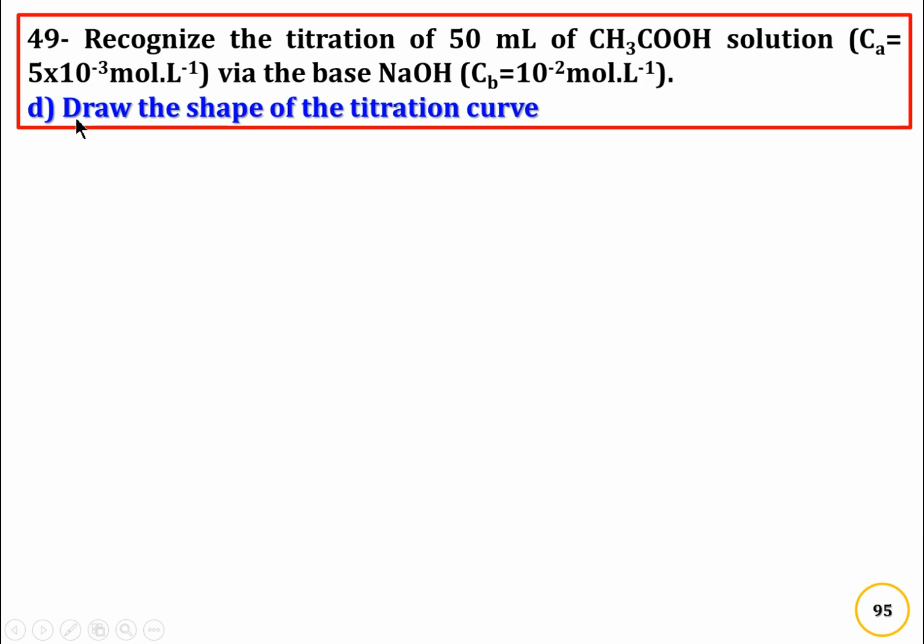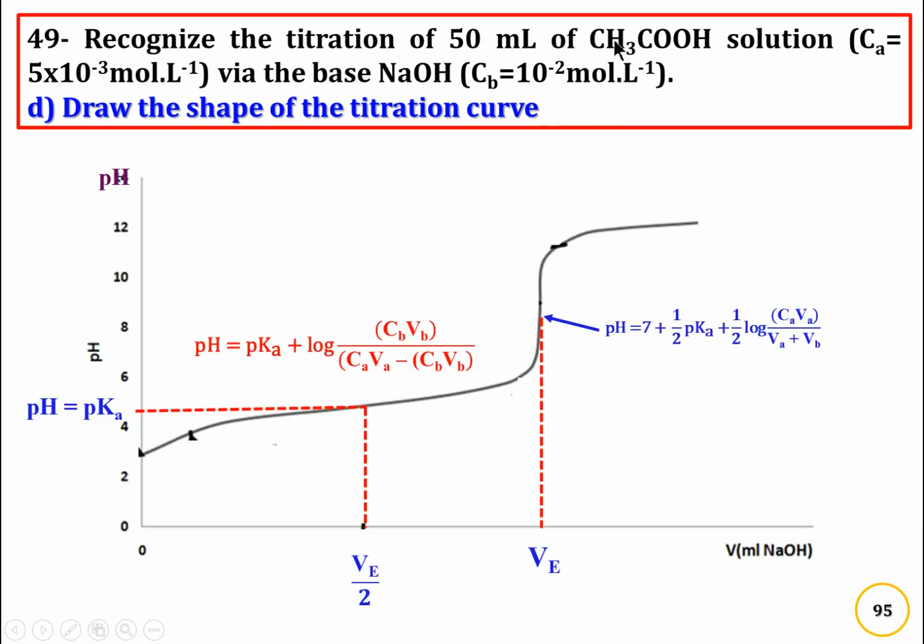In the last part, part D, draw the shape of the titration curve. Since we have the titration of a weak acid by a strong base, the pH will start acidic and will increase. We will have a jump. Then the pH is practically constant.